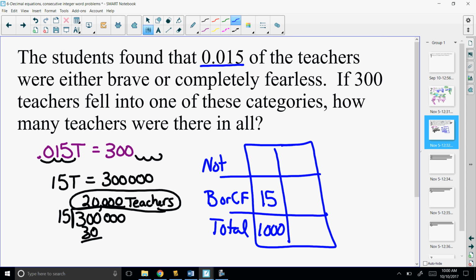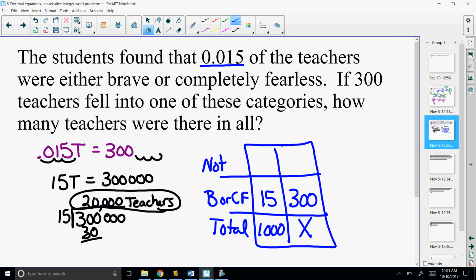If 300 teachers fell into one of these categories, what's one of those categories? Those categories they're talking about is brave or completely fearless. If 300 teachers fell into one of those categories, how many teachers were there in all? Is this problem in blue easier than this problem over here?